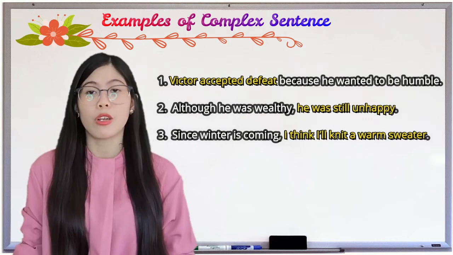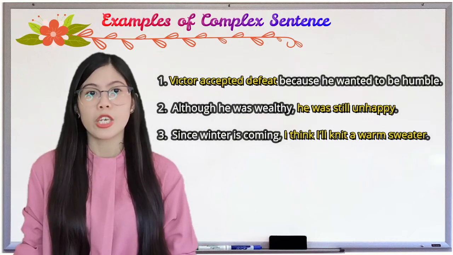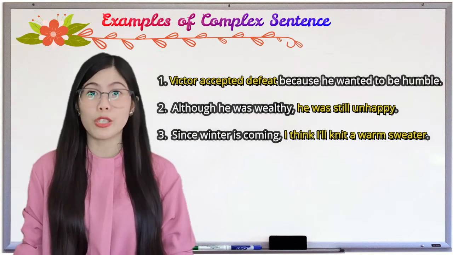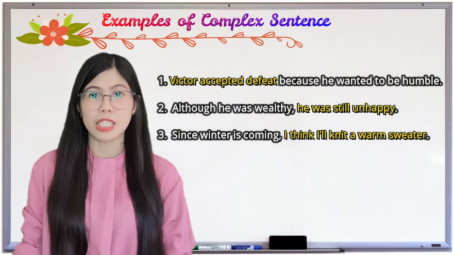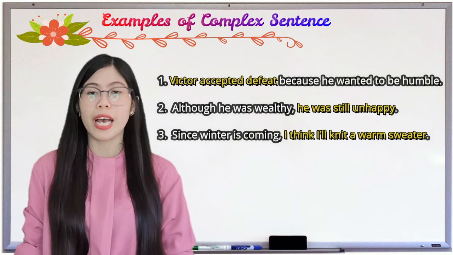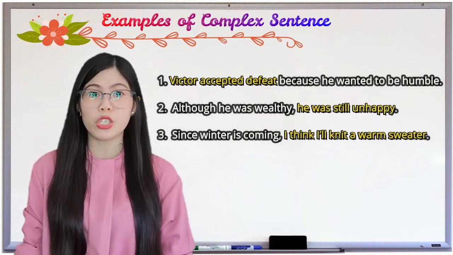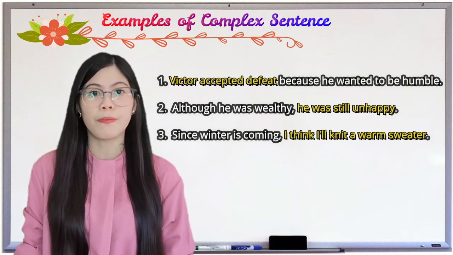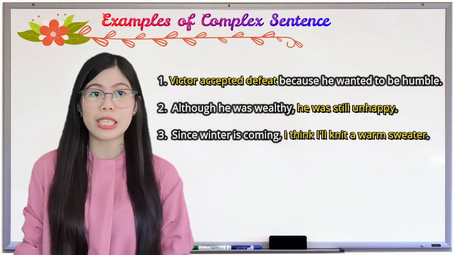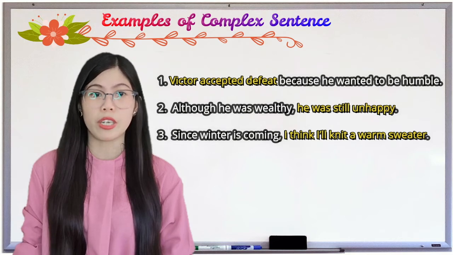Next example: Although he was wealthy, he was still unhappy. This one is also a complex sentence because we have one dependent clause and one independent clause. We also have a subordinating conjunction, which is the word although. That also serves as the fastest way in determining whether the sentence is a complex sentence or not.